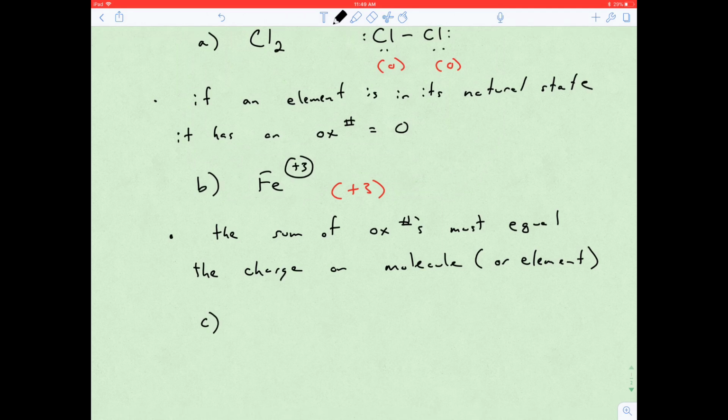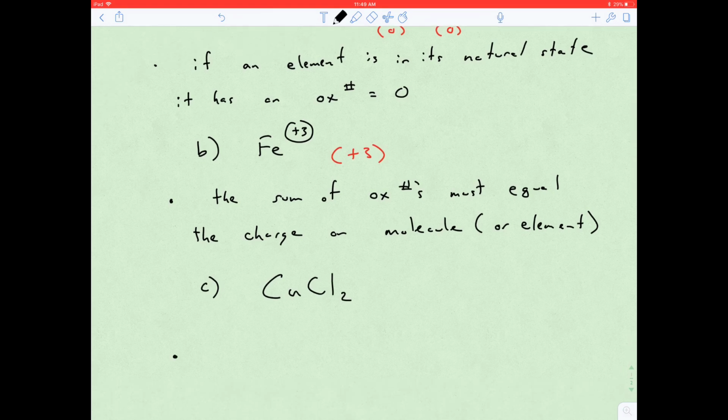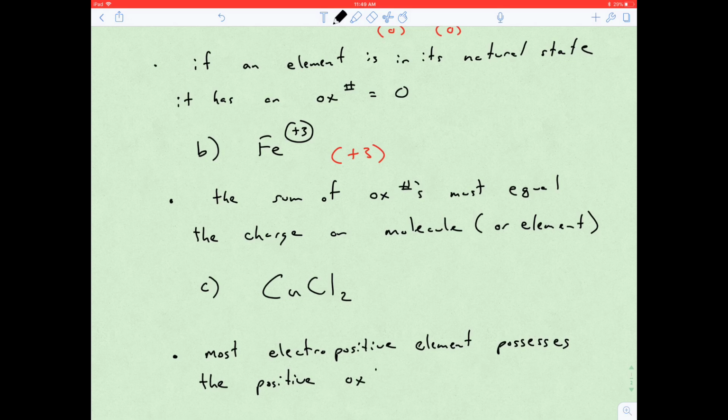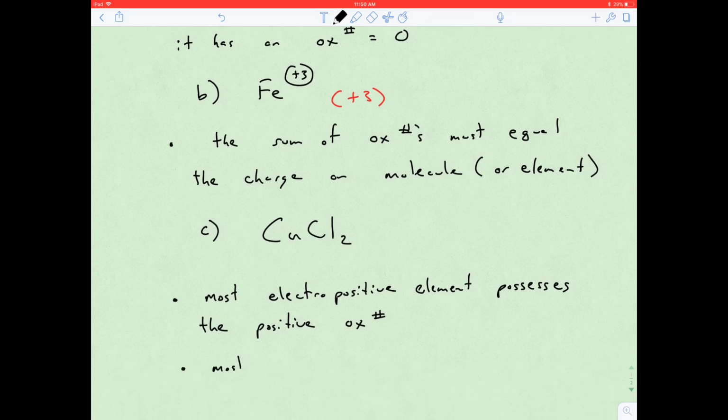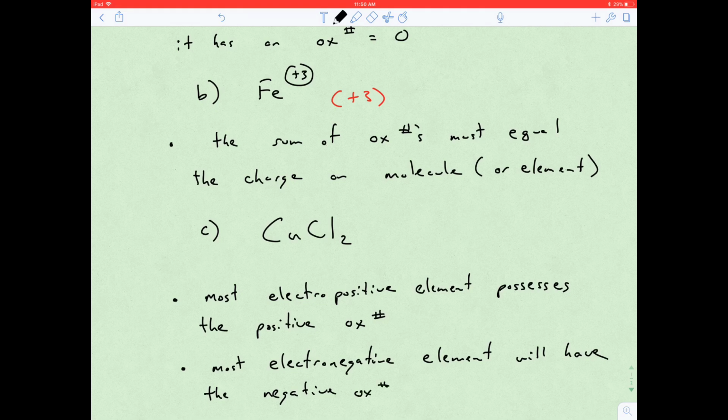C looks at copper chloride, cupric chloride, and so here's where you want to have the most electropositive element possess the positive oxidation number, while the most electronegative will have the negative oxidation number.